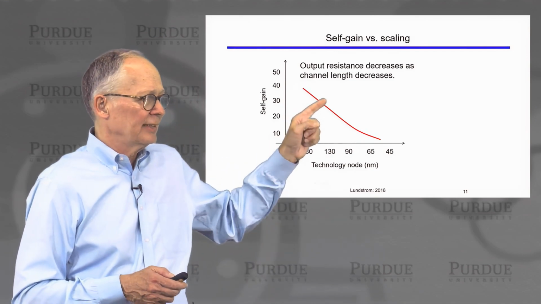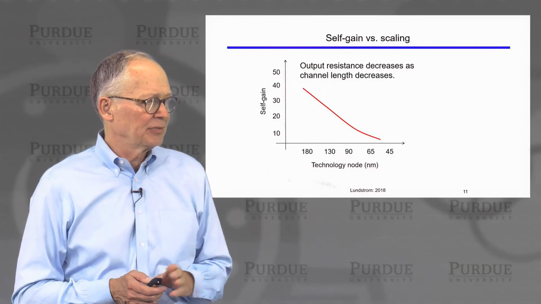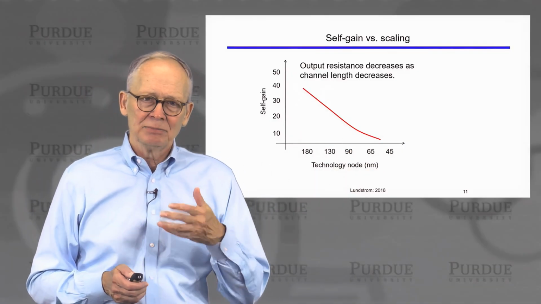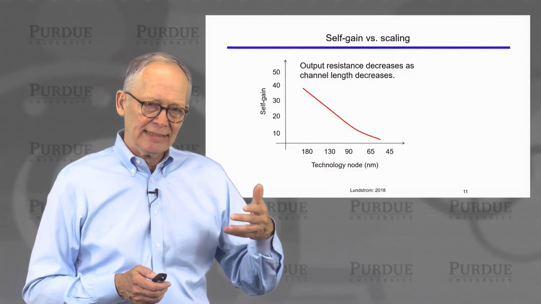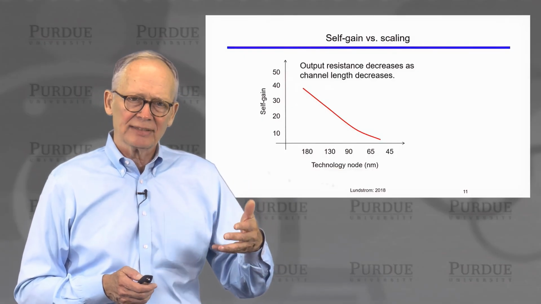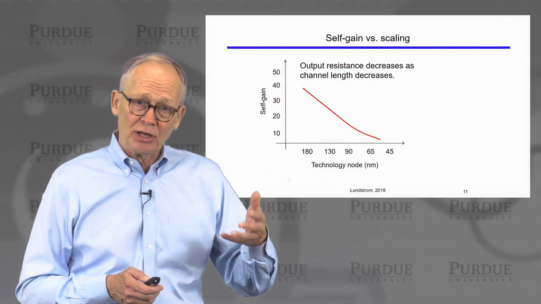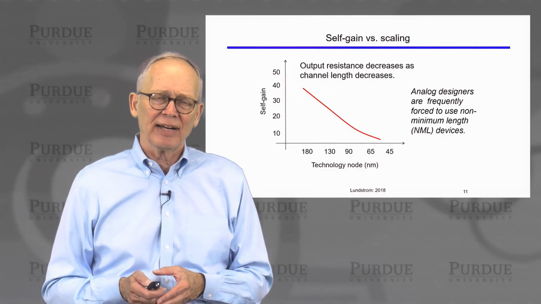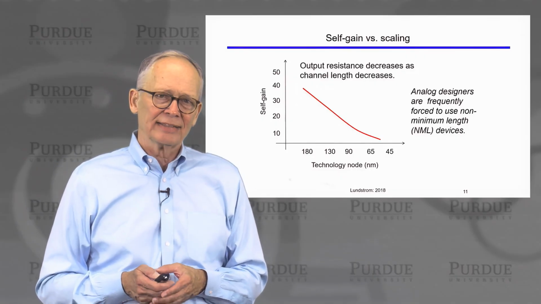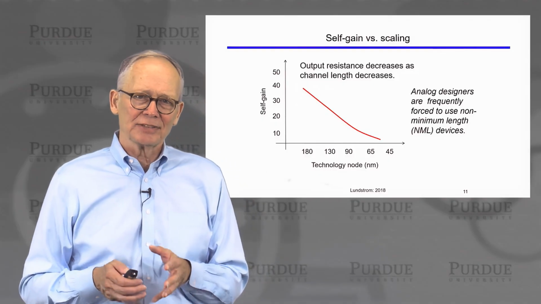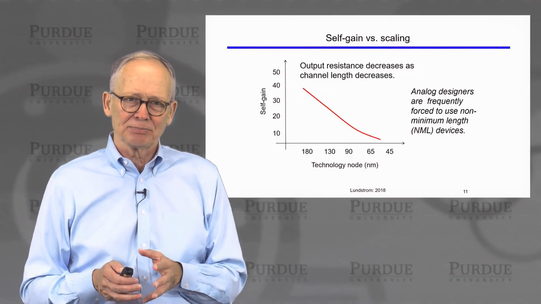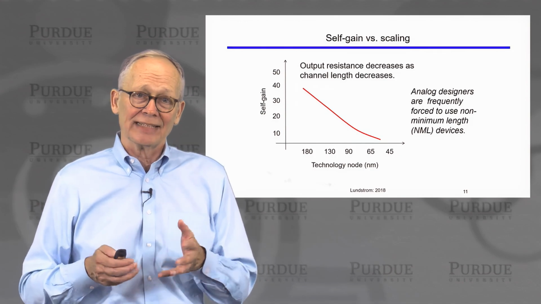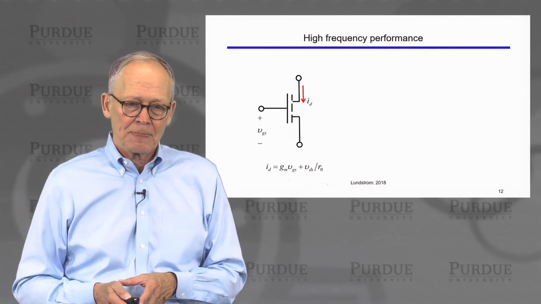So you can see this, that if you plot the maximum self-gain versus technology generation, as the minimum channel length in the technology decreases, that was Moore's law scaling, the self-gain drops. So you will very often find analog designers not using the shortest gate length transistors possible, but using longer gate length transistors so that they can get higher self-gain.